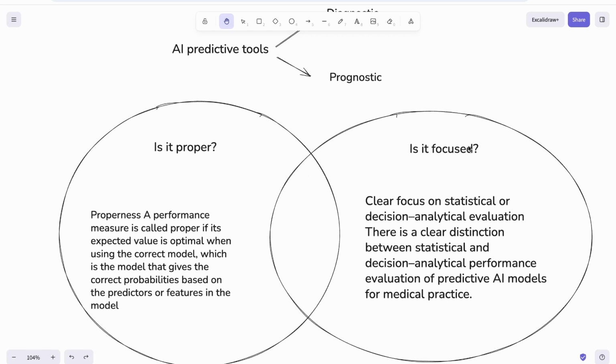And is it focused? So a clear focus on statistical or decision analytical evaluation. So if the model being evaluated shows a clear distinction between statistical and decision analytical performance evaluation of predictive AI models for medical practice. So optimally, the model that is being evaluated should be proper and focused. So it should be somewhere here.